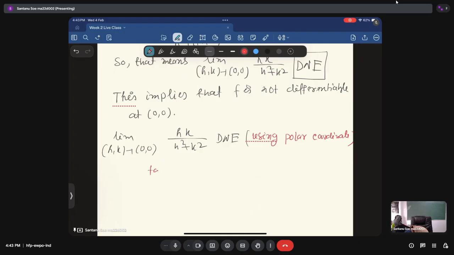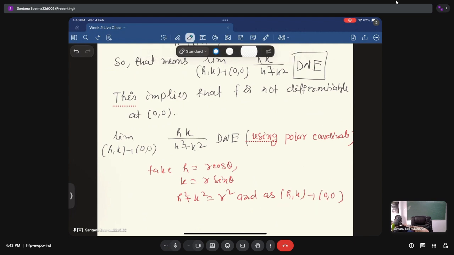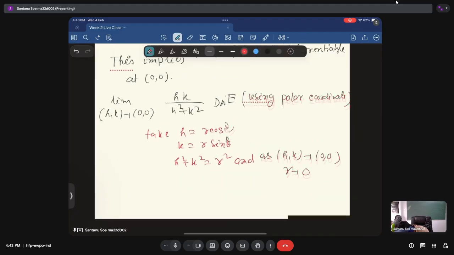Take h equals r cos theta and k equals r sin theta. Then h squared plus k squared is r squared, and as (h, k) tends to (0, 0), r tends to 0.